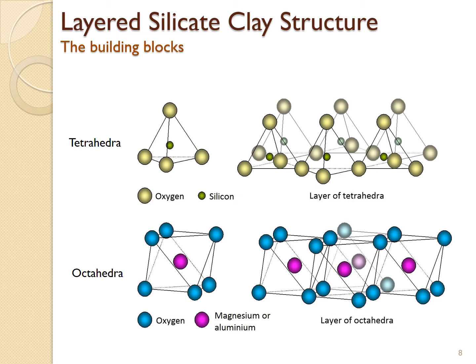We also have octahedra making up the sheets in the layered silicate clay structure. And the octahedra are basically 6 oxygens surrounding a magnesium or an aluminum ion. And these connected together make a layer of octahedra. So then we have a layer of tetrahedra and we have a layer of octahedra. And what we're later going to learn is that the number of each type of these layers helps define what clay we are actually dealing with.